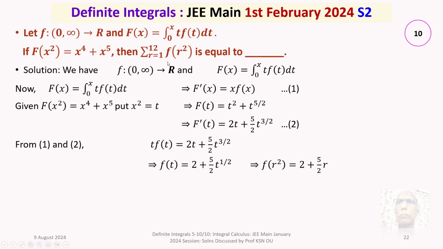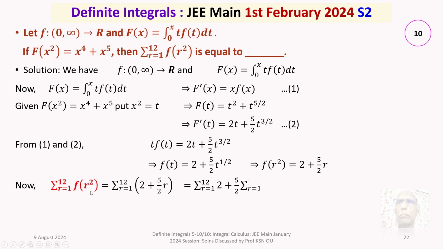Right. Now take the sigma. We want sigma r is equal to 1 to 12 of small f of r square, which is equal to sigma r is equal to 1 to 12 of 2 plus 5 by 2 r. Separate them: sigma of 2 plus 5 by 2 into sigma of r. Sigma r is equal to 1 to 12 of 2: 2 is to be added 12 times, that is 2 into 12, plus 5 by 2 into sigma r, which is r into r plus 1 by 2, where r takes the value 12.